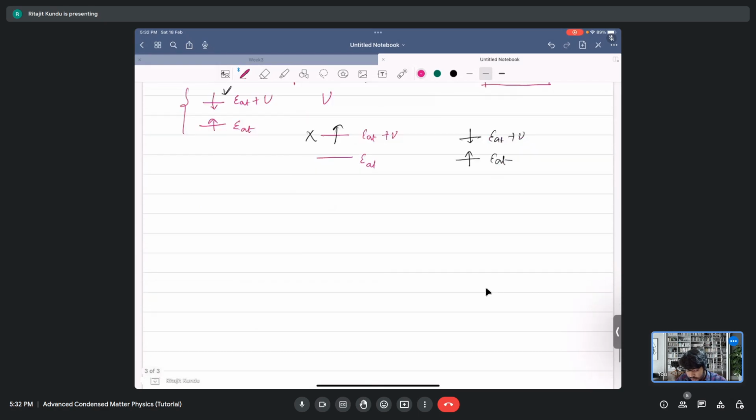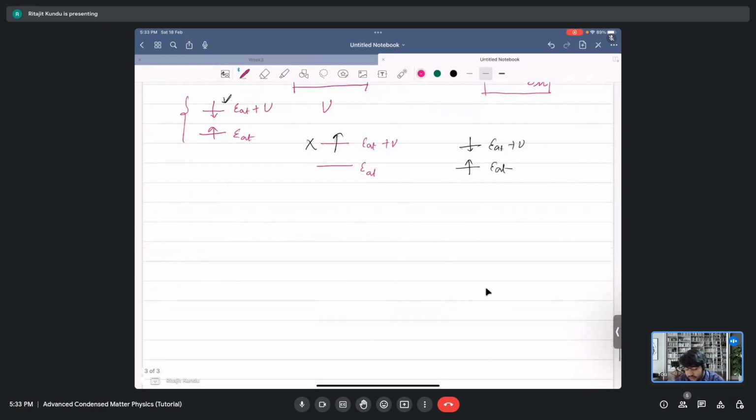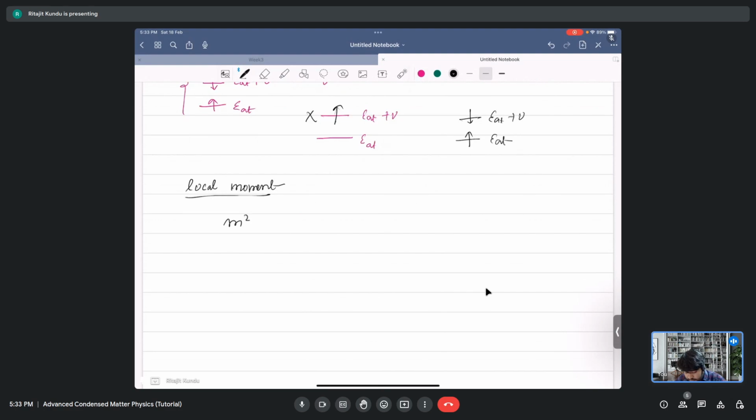Similarly, like here we calculated occupation, you can also calculate other quantities of interest. For example, you can calculate the local moment. The local moment is given by m squared, and m squared is the difference of n up minus n down, squared.